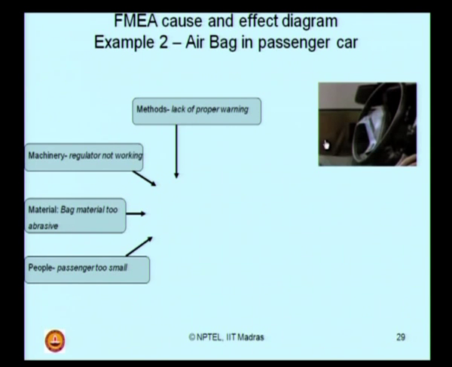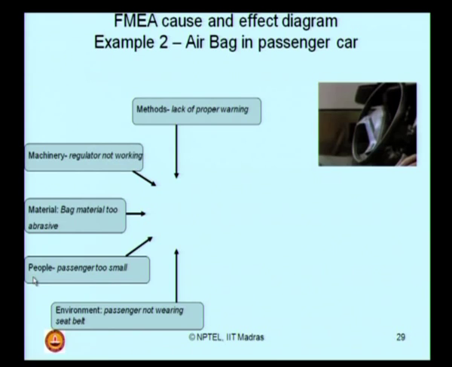If a small child is driving the car, then the head of the child will not even reach the airbag even though the airbag is in position. Then what is the environmental effect on that? Let us say the passenger is not wearing a seat belt. The whole bodily movement will take place, whereas the airbag is only to protect the head and not the remaining parts of the body. So these are all what we call different failure modes.